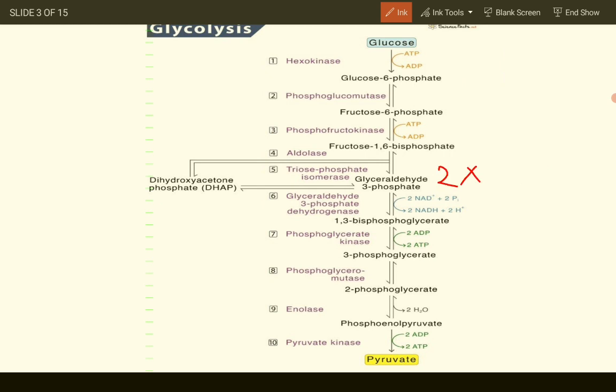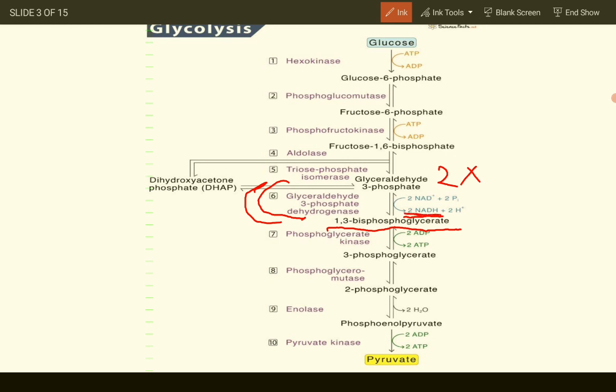Now the 2 glyceraldehyde 3-phosphate molecules undergo another reaction, where glyceraldehyde 3-phosphate dehydrogenase converts them into 1,3-bisphosphoglycerate. Here two energy molecules, 2 NADH, are produced from 2 NAD plus.